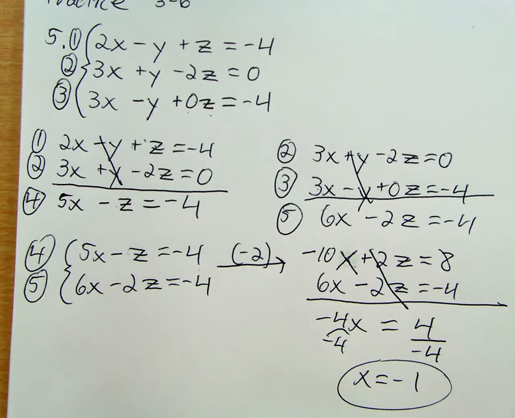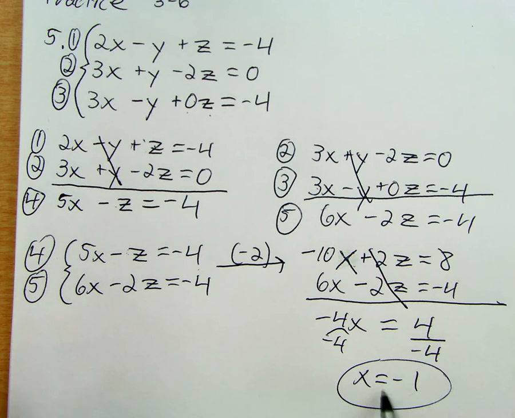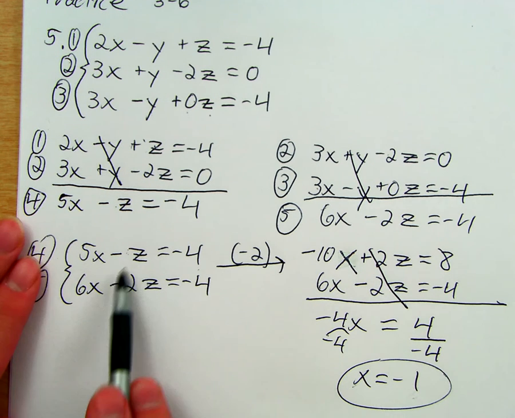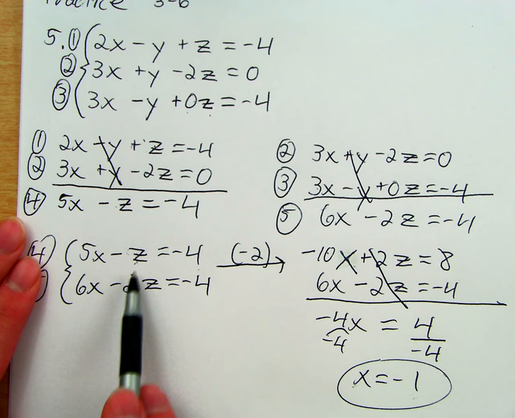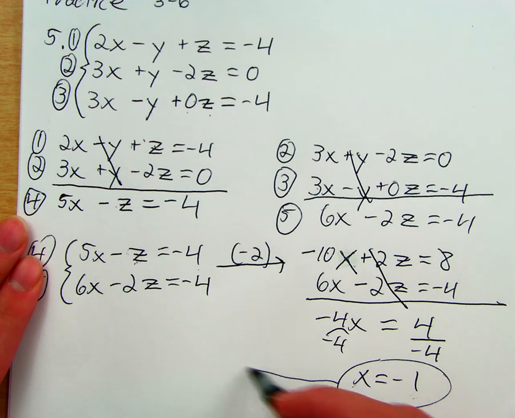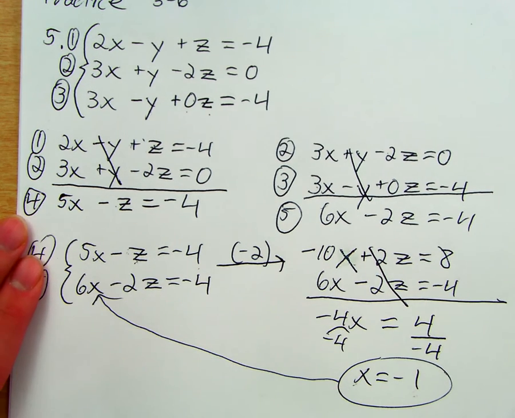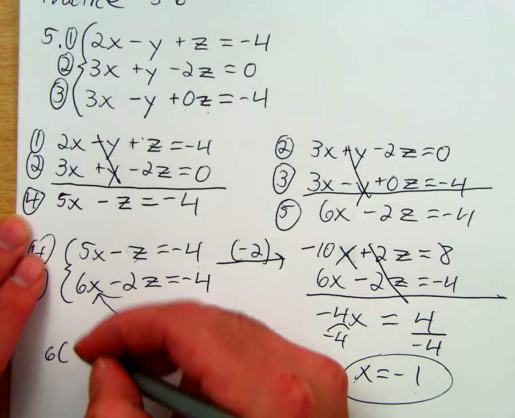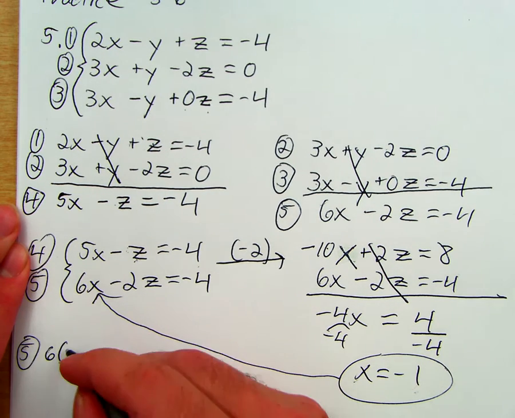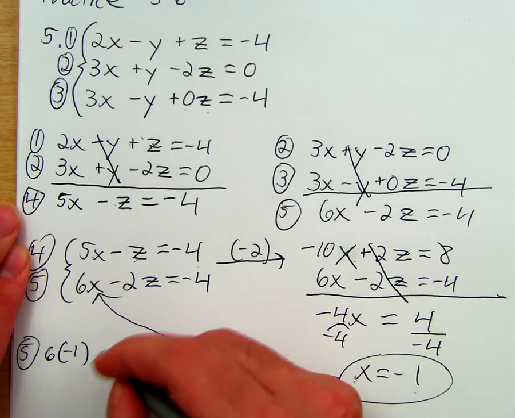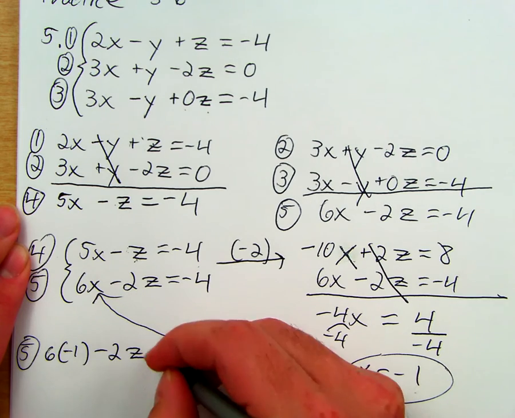Yeah, that was an x up there. So, hardest part of the problem's over. We got our first variable, x equals negative 1. Let's figure out z, going back to our system with just two variables here, x and z. So take x equals negative 1. I'm just going to put it in the second equation. So 6 times negative 1 minus 2z equals negative 4.